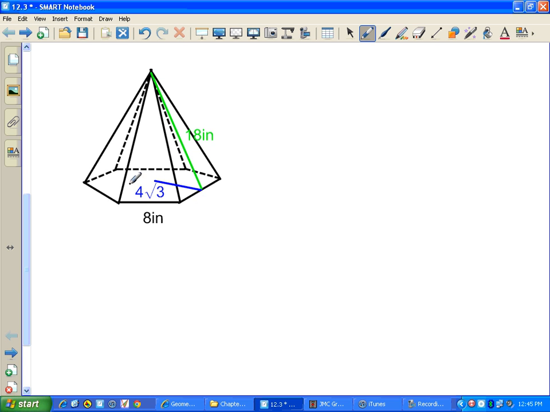So here's an example. This is a hexagonal pyramid. I've got a hexagon for a bottom, so if I draw my net, I have to draw a hexagon, and each side is 8.